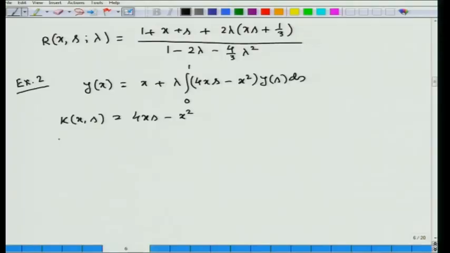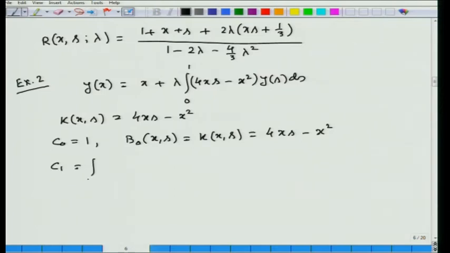For that purpose, we have C0 equal to 1, B0(x, s) equal to K(x, s), that is equal to 4xs minus x square. Now, we can calculate C1. C1 is equal to integral 0 to 1 B0(x, x) dx.